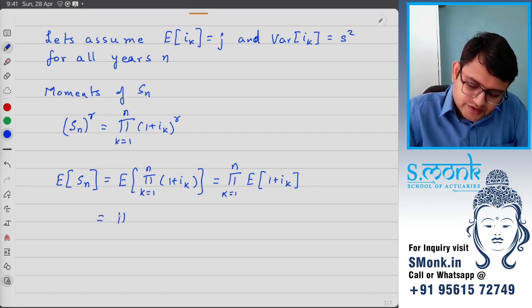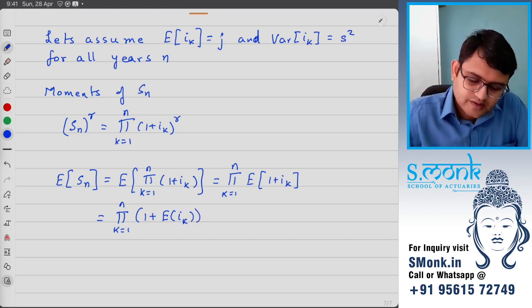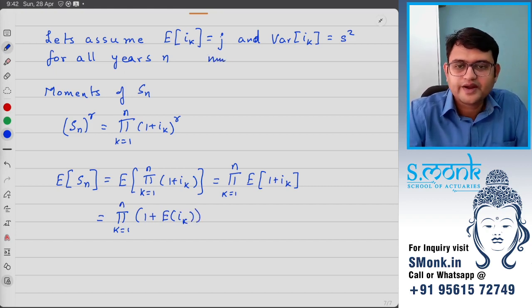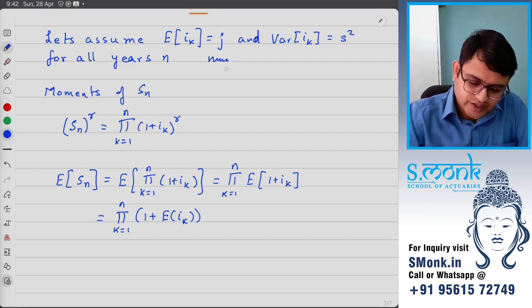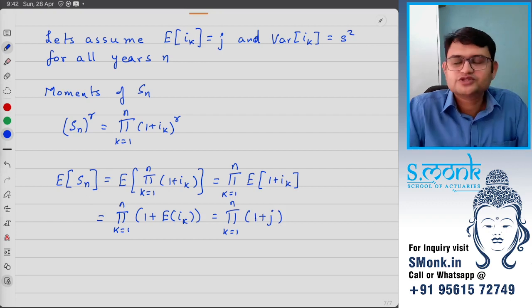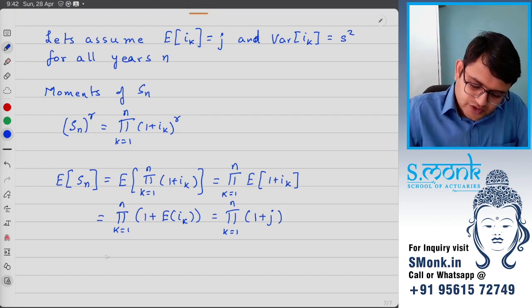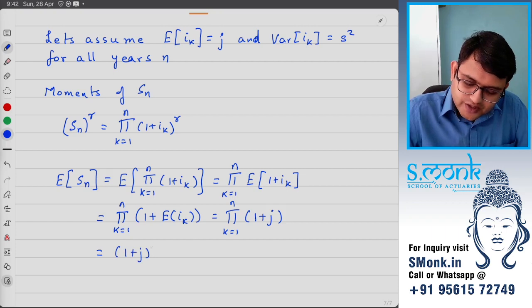What will we get? We'll get 1 plus the expected value of IK. And the expected value of IK is J, because they are all identical. Every J is exactly the same. So the expected value of Sn will just be 1 plus J raised to n.